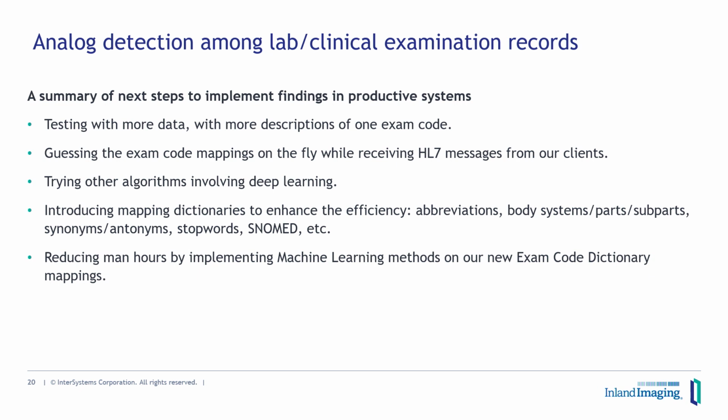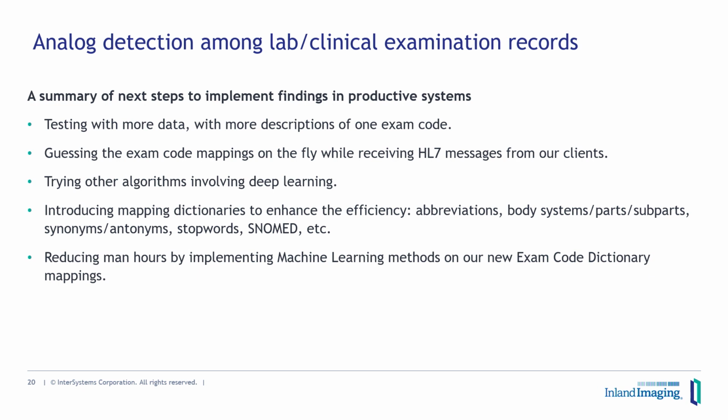And then trying other algorithms involving deep learning, and maybe introducing some other dictionaries, maybe dictionaries of abbreviations, body systems, body parts and subparts, synonyms, antonyms, and stop words, or even SNOMED or CPT codes.